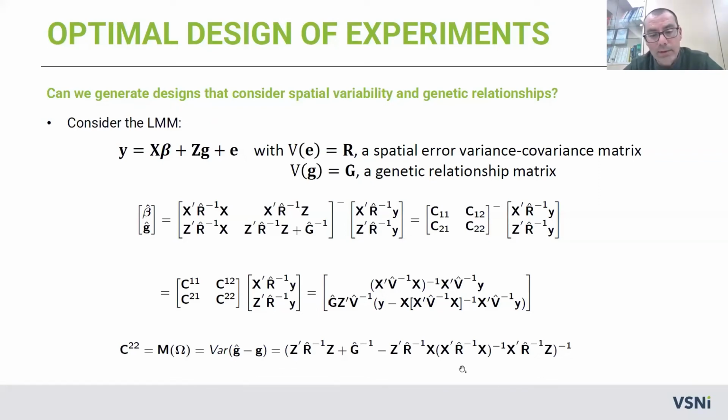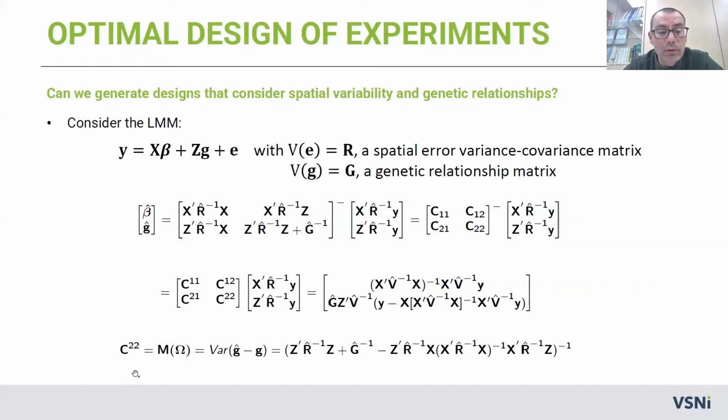You don't need to do all of this, but you can see that this is not a function of y. It just needs the design matrix, which is my X, your link with the individuals and so on. So everything is relatively straightforward, but you need variance components to be provided.